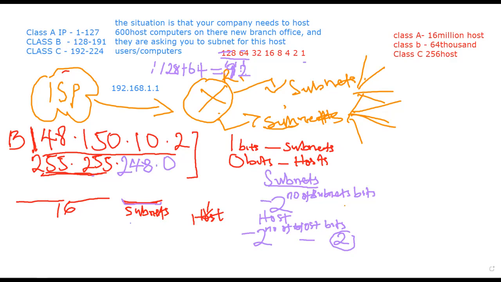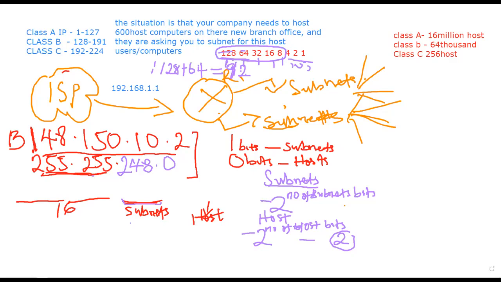This is not an exam. 192 plus 32 would give us 224. 224 plus 16 would give us 240. 240 plus 8 will give us 248. Very perfect. Now, it means that from here to this place, all the bits are 1, and the remaining will be zeros.